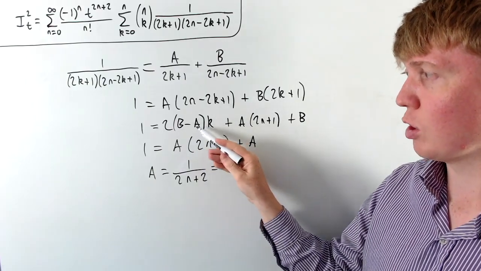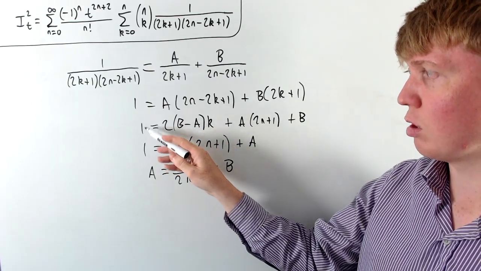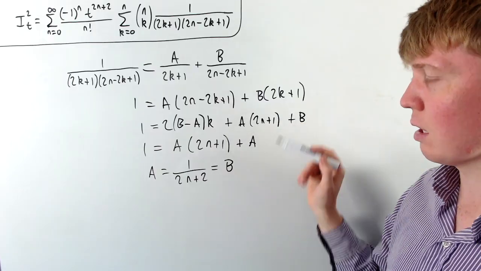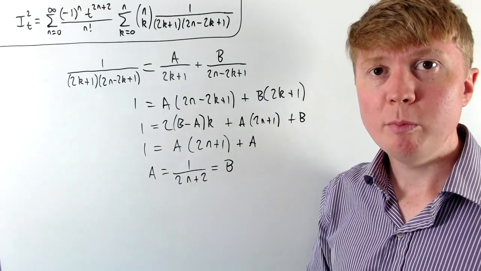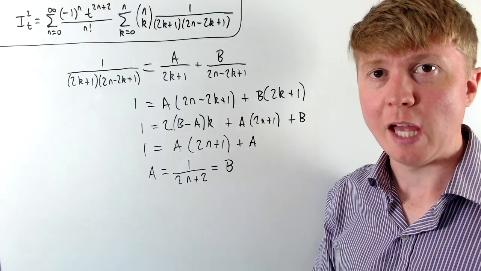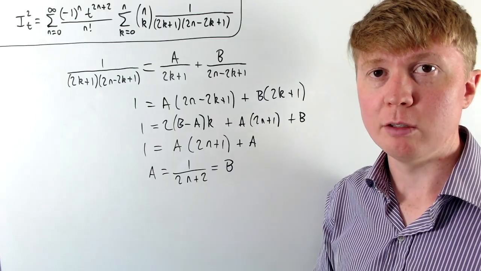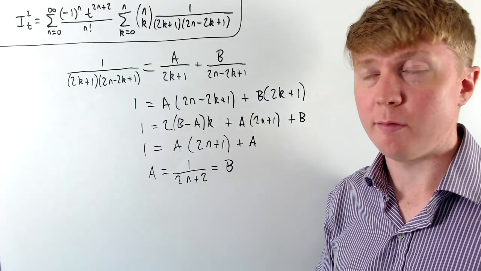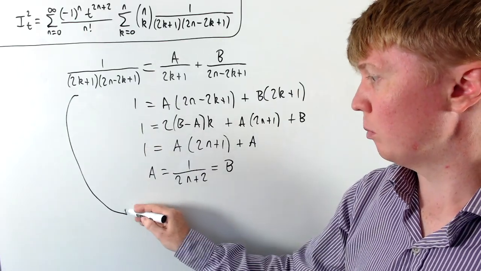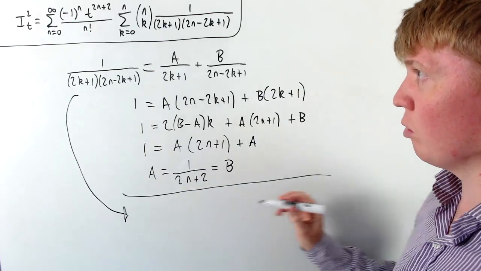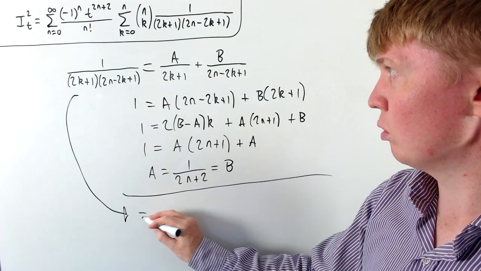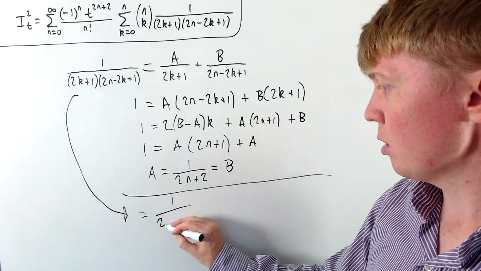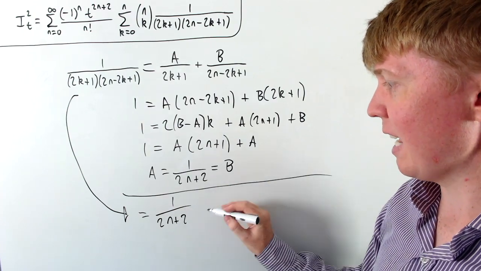We need this term just to be 0, so that our constant term 1 is equivalent to this for all values of k. So then when we come to substitute in these values of a and b, we've actually got the same value of a and b, which we can take out as a factor, which means our original product fraction, we can rewrite this whole thing now as equal to 1 over 2n plus 2. This is our a and our b.